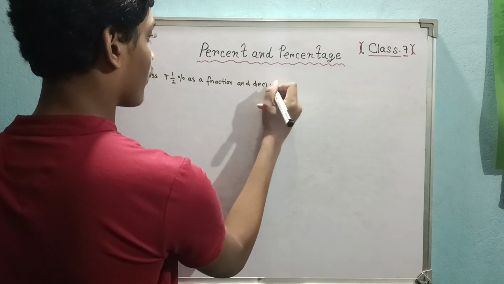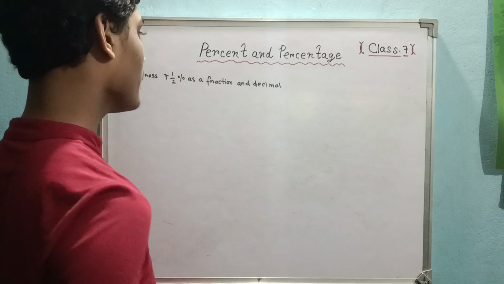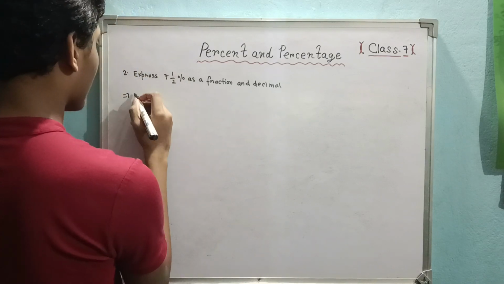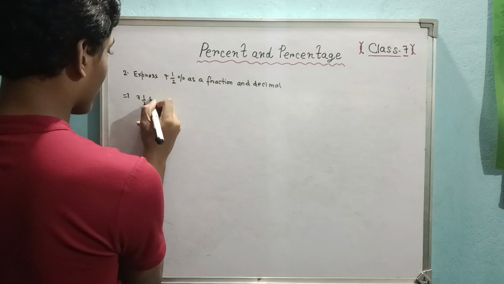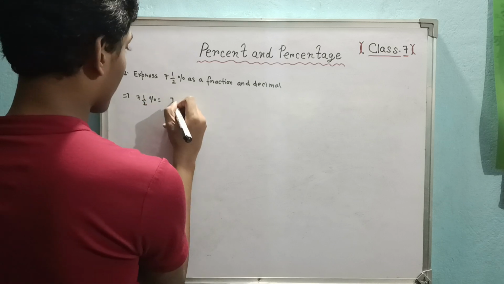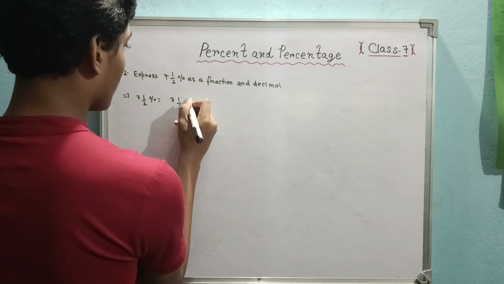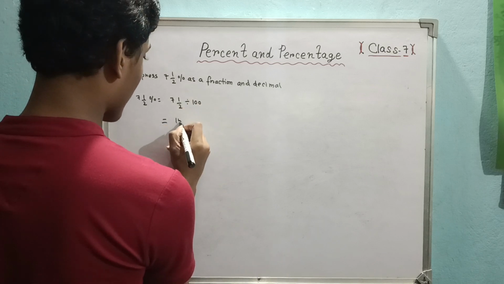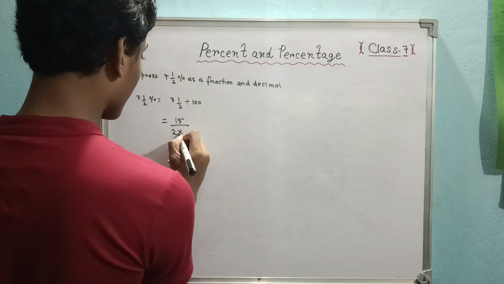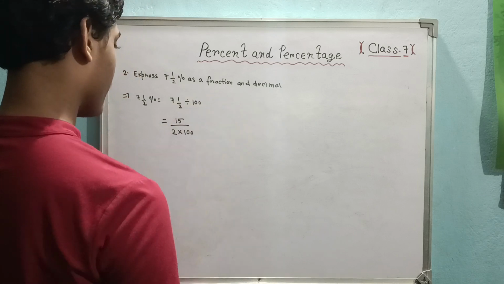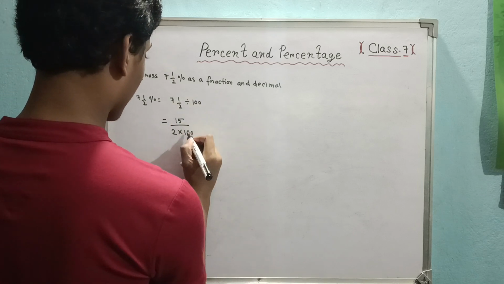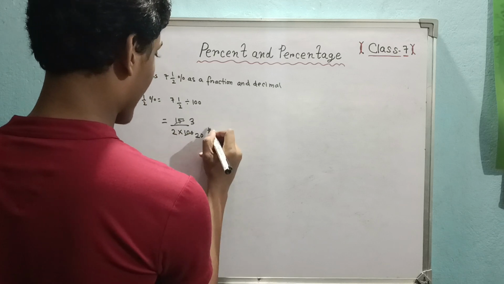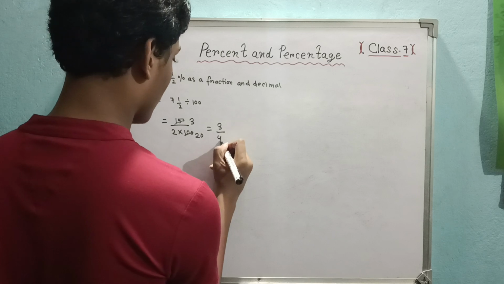No problems. x% means x by 100, so 7 1/2% equals 7 1/2 divided by 100. This can also be written as 15/2 into 1/100. Let us just cancel this. 5 here, 3, 20. That means the fraction is 3/40.